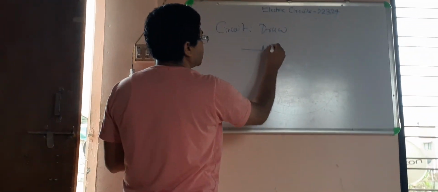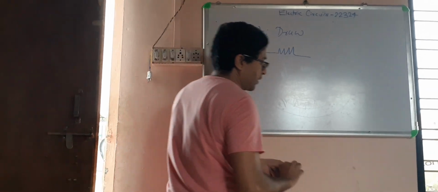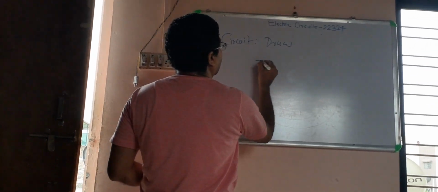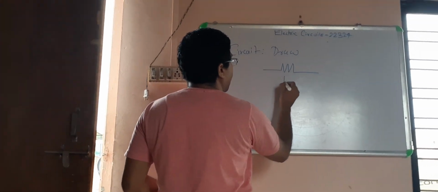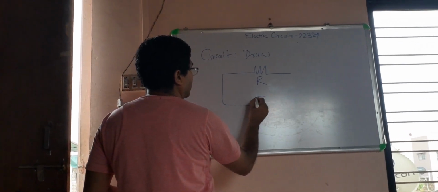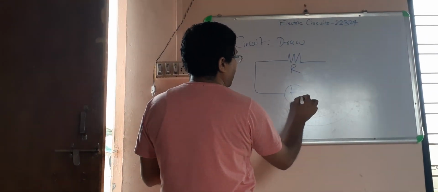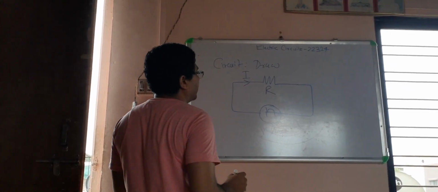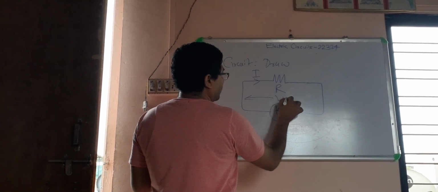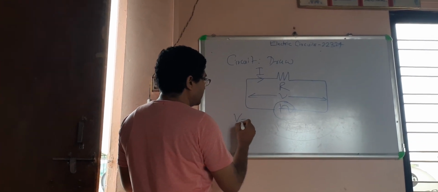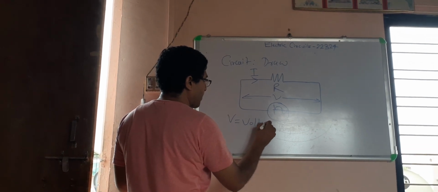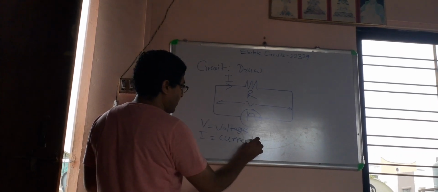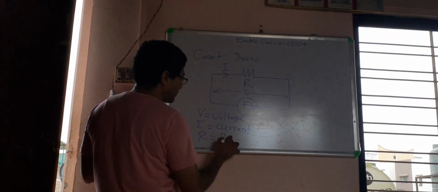Here one resistance R is connected to the AC supply source, and I is the current flowing in the circuit and V is the voltage. V is equal to voltage, I is equal to current and R is equal to resistance.